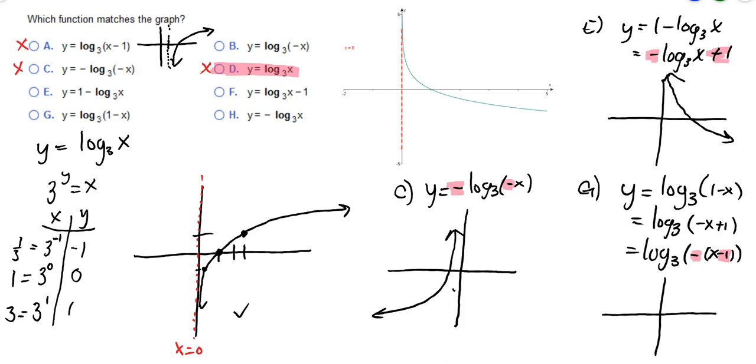So if I shift to the right and reflect horizontally, remember I'm starting with this graph right here, my asymptote would shift to the right, and I would get a picture that looks like this. That does not match. Oh, we said that's maybe, and this doesn't work. Okay, let's see.